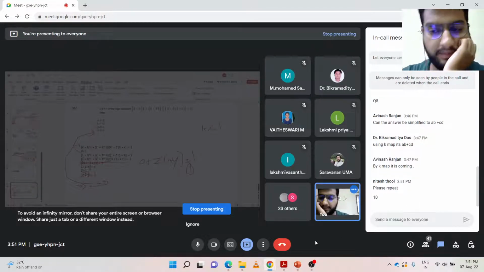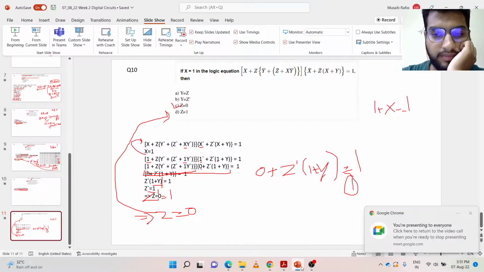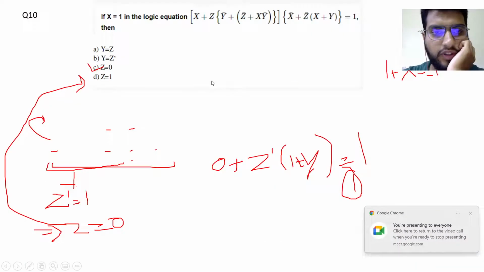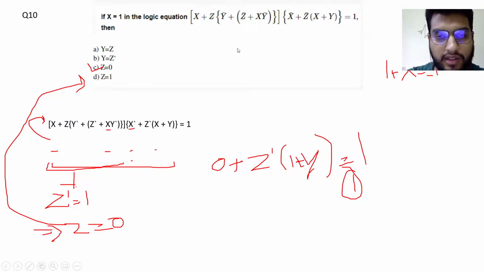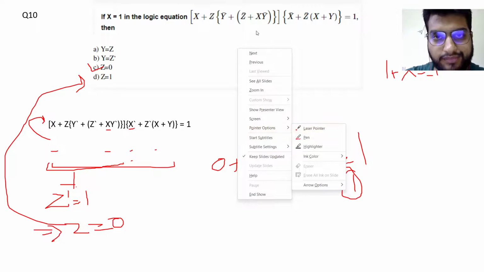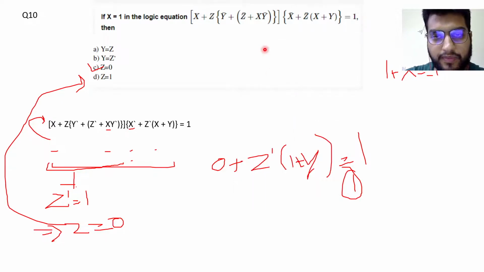10, yeah, I'll repeat. I have this expression: if x equal to 1 in the logic equation, then which of the following statements is true? I first wrote the expression here.